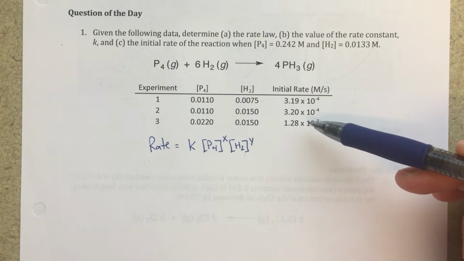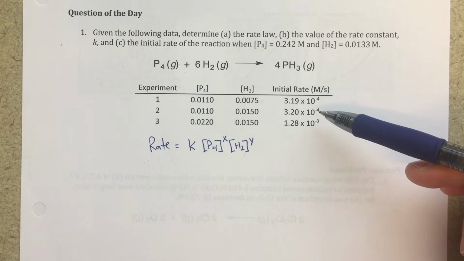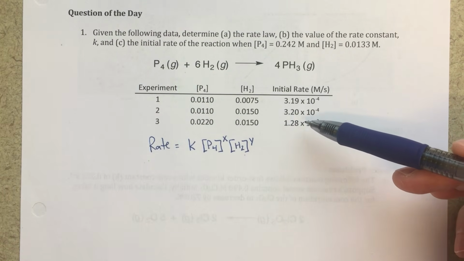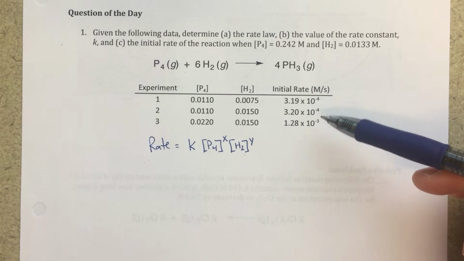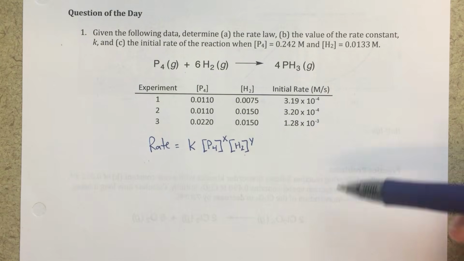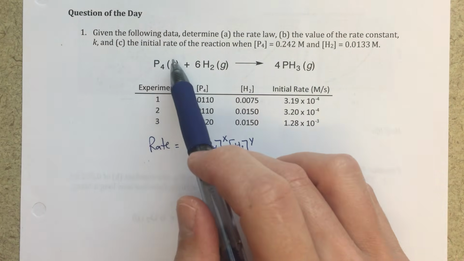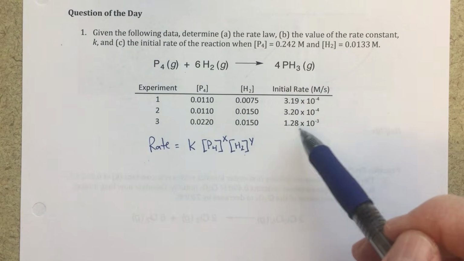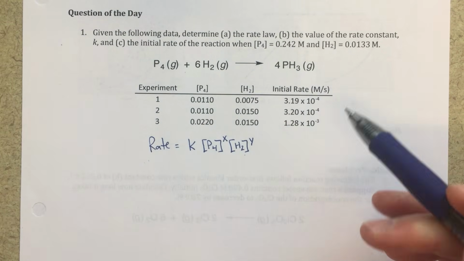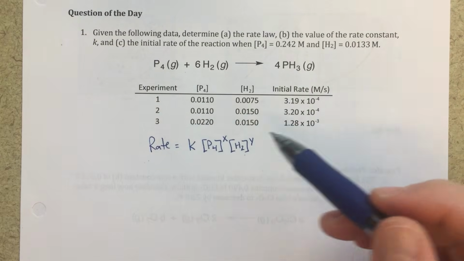This number is bigger, 1.28 times 10 to the minus third instead of 10 to the minus fourth, and the calculation shows this is actually 4 times faster. So I can say what's happening relatively with the rate, and that's really all that's important. It doesn't matter whether we're monitoring the disappearance of P4 or the appearance of PH3. It's just the relative rate for each experiment.